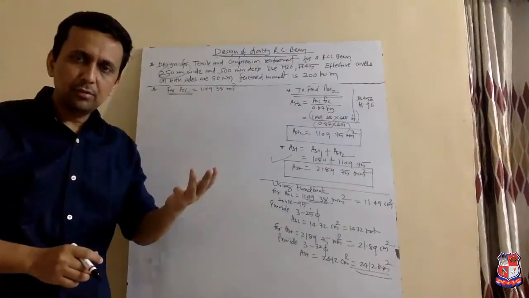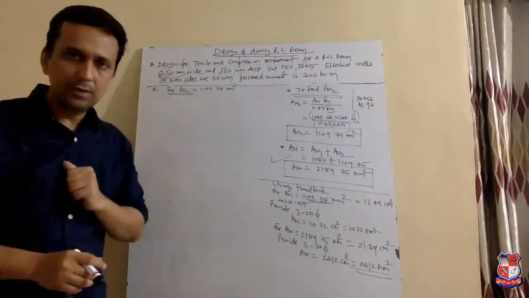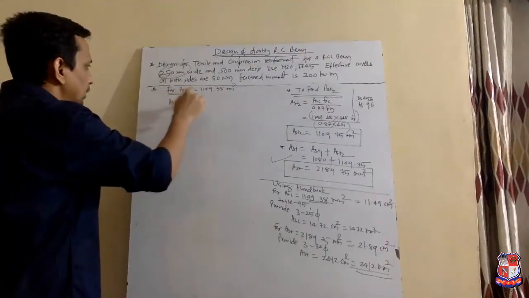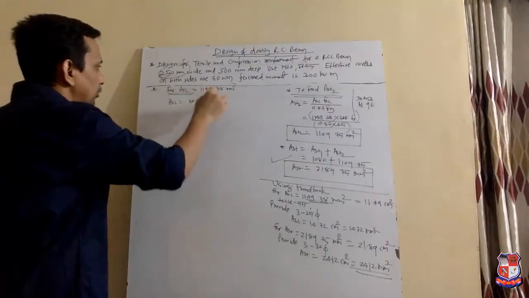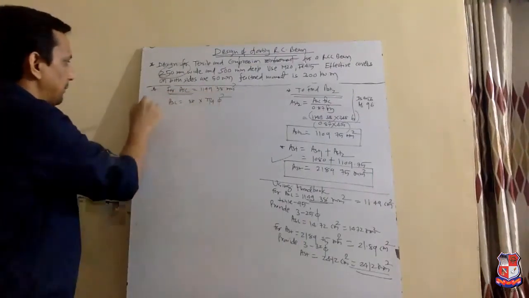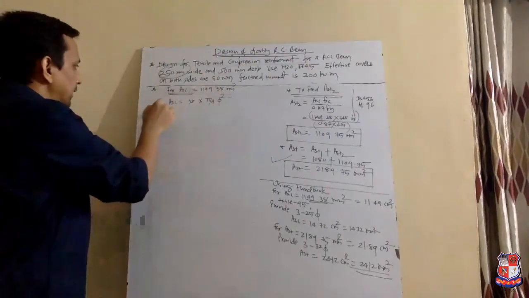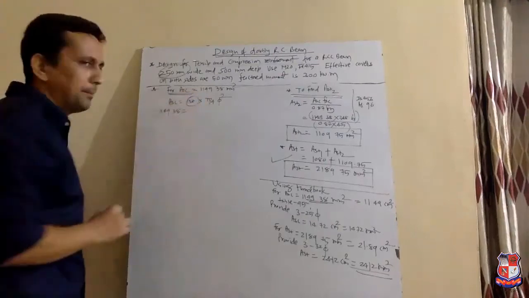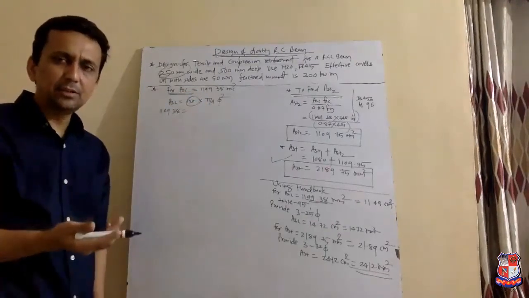Area is equal to number into pi by 4 d square. So ASC is number into pi by 4 d square. Here the area required is 1149, so you just fix the number, either 3, 2 or 4.